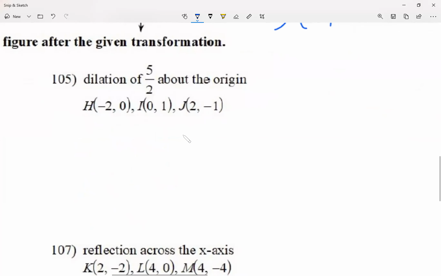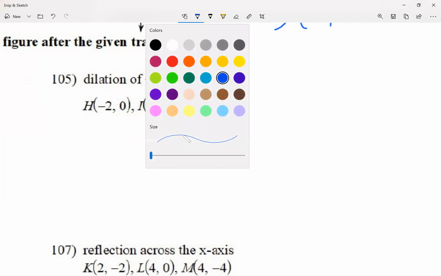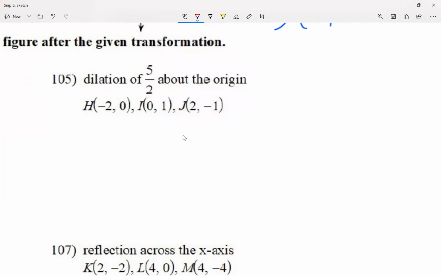Looking at 105. It says dilation of 5 over 2. First of all, let me change my fraction to a decimal. 5 divided by 2 is 2.5. I'm going to look at this as a decimal. So for dilation, let me multiply everything, the x and the y value, everything by 2.5.